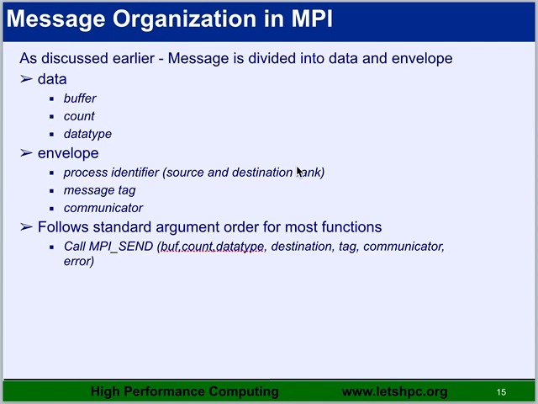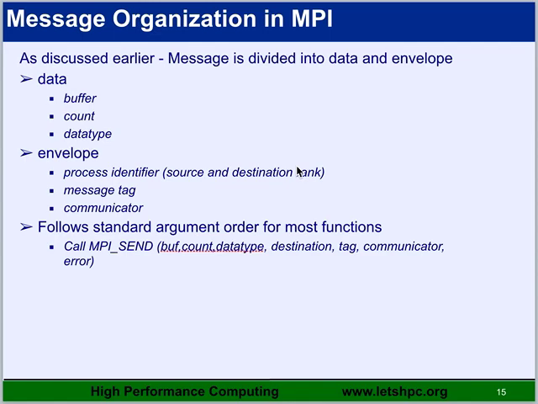So, suppose two messages are being sent between the source and the destination. You can identify those two messages by using distinct tags. So let's say we give a tag of 1 to the first message and a tag of 2 to the second message, and we can independently verify whether the first message communication has taken place successfully or not, what happened to the second message, and so on.